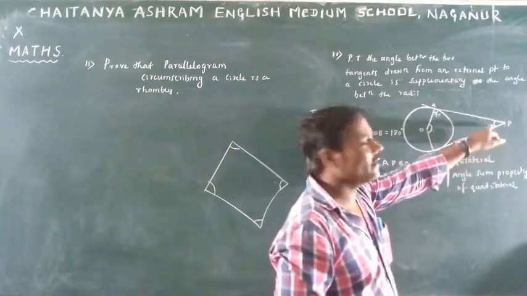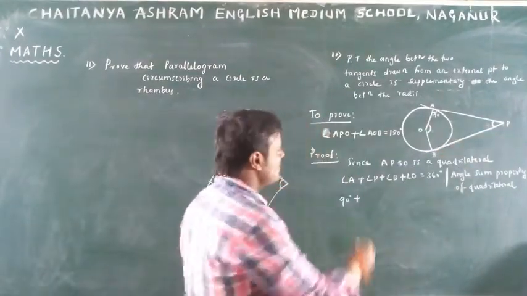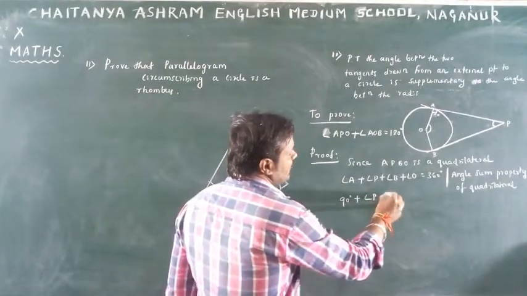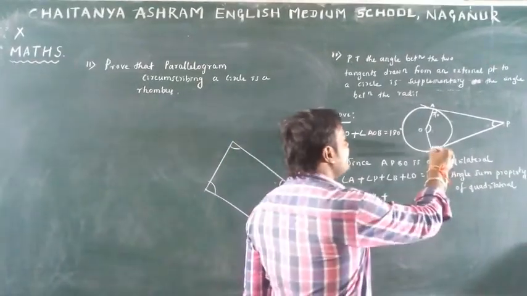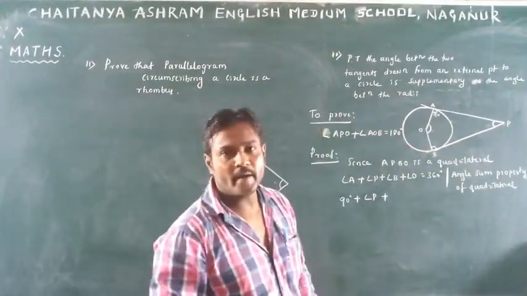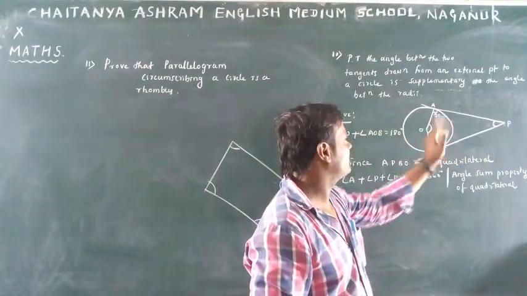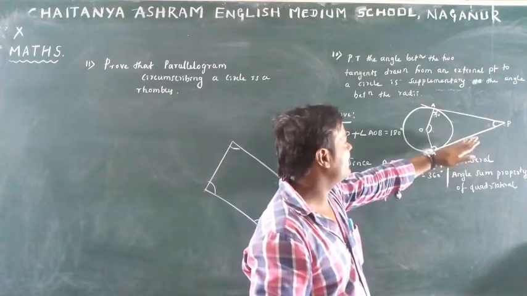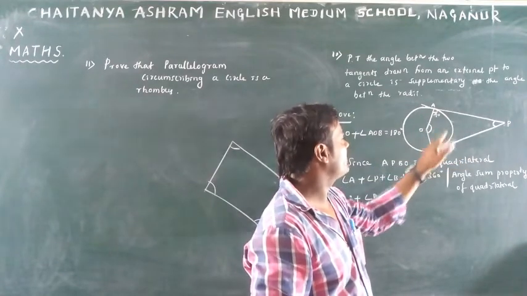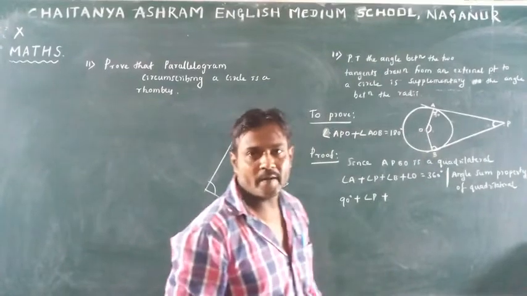This is the angle between tangents that we don't know. So write it as it is. Plus, what is the measure of this angle? This is also 90 degrees, because this is the tangent and this is the radius through the point of contact.